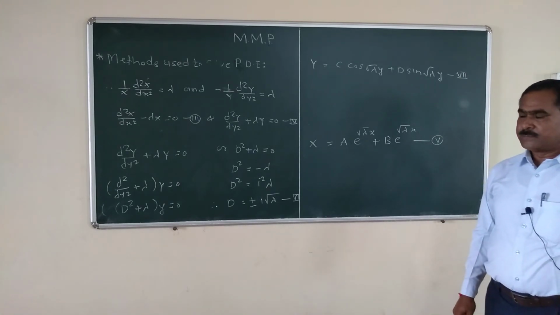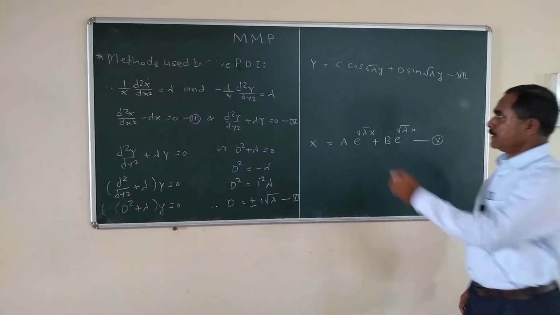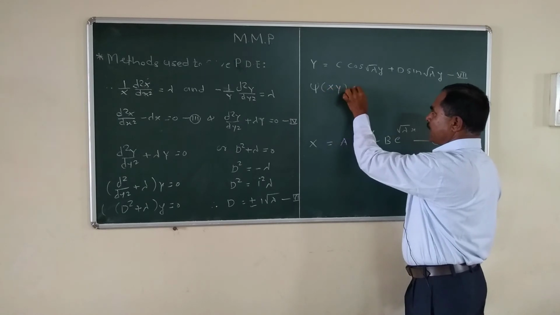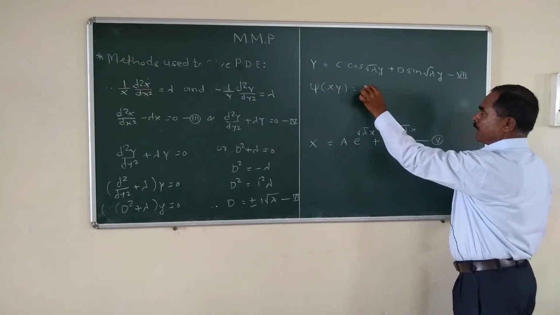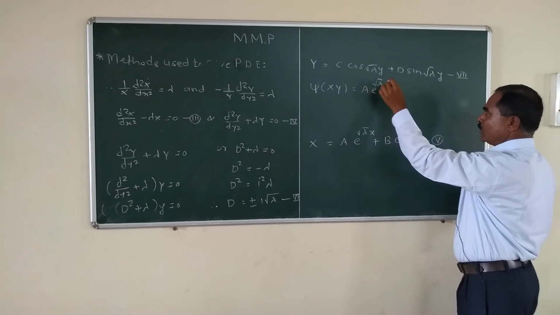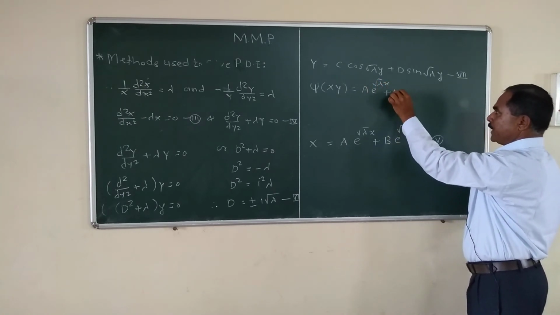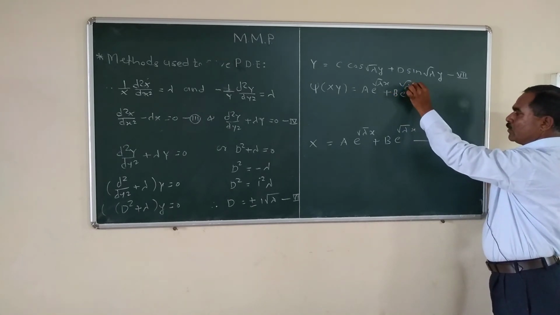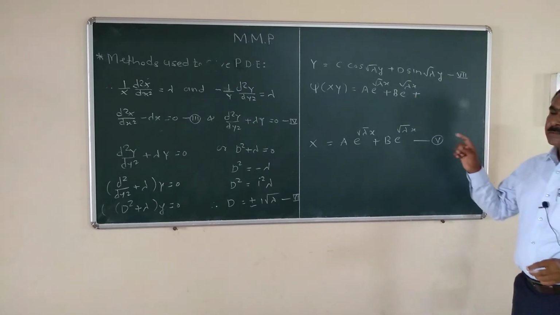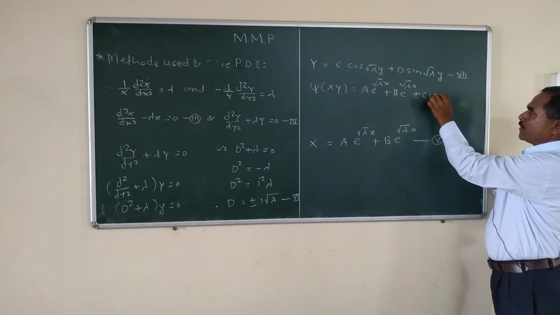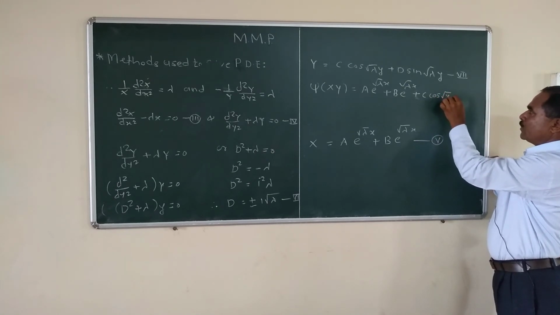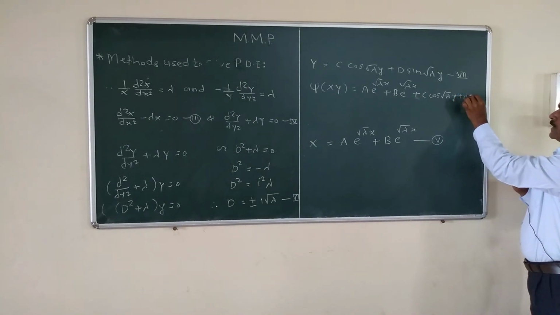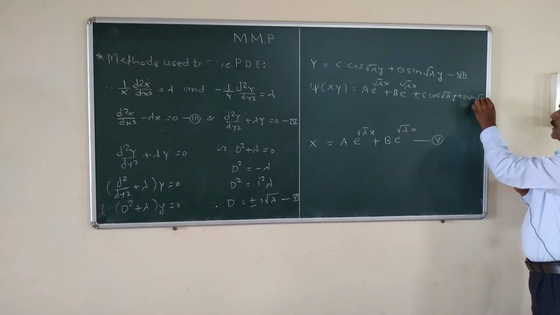Then the general solution for the function psi is psi of x y equal to A e raised to root lambda into x plus B e raised to minus root lambda into x plus C cos of root lambda into y plus D sin of root lambda into y.